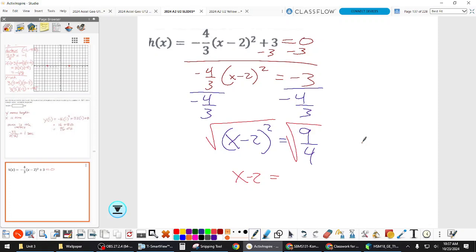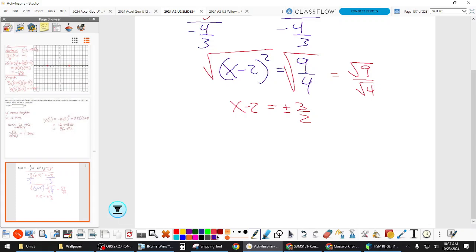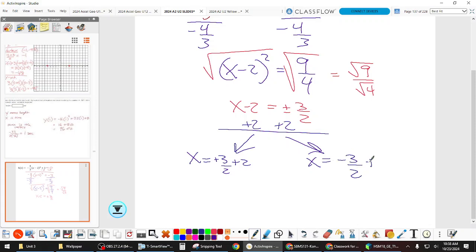Yeah, we can just do the square root of 9 over the square root of 4, which we should know both of those. What are those? 3 over 2. And don't forget your plus or minus. So add or subtract. So that means to finish off, we'll add 2. And we have two options. We need to do x equals positive 3/2 plus 2, and x equals negative 3/2 plus 2.